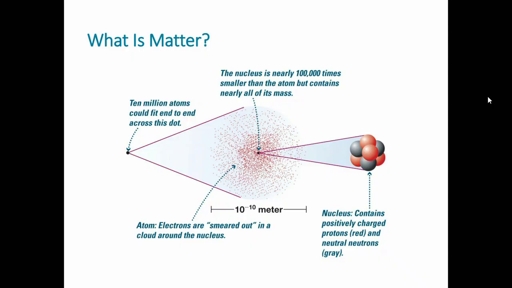So there's a very dense center that's positively charged, and then there's a very diffuse cloud of electrons that are negatively charged. But the total charge on the atom is usually going to be neutral. And atoms are very small, so that's 10 to the minus 10 meters across.